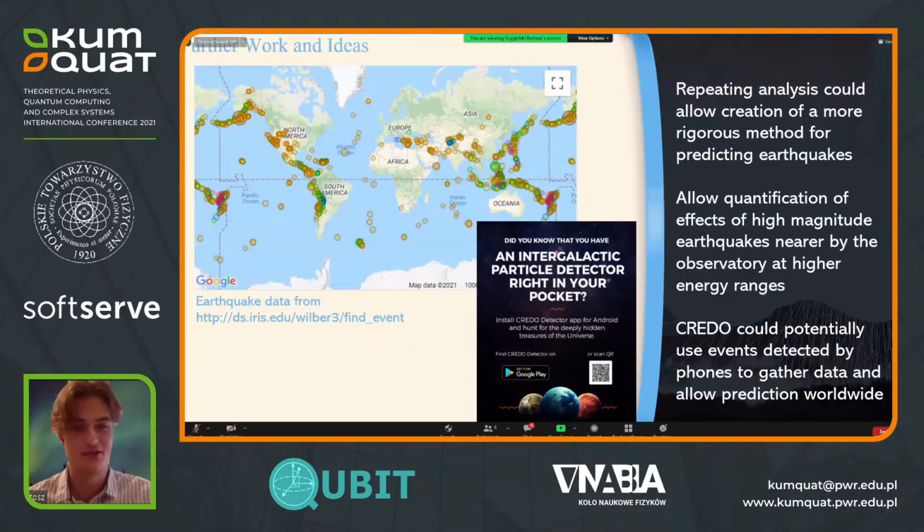And just, if anyone wanted to help us and science in general, my tutor would have killed me if I didn't mention the CREDO project. I have a minute left, so it's basically trying to make a system of detectors that we could carry in our pockets, because you can download an app that can actually detect cosmic rays.